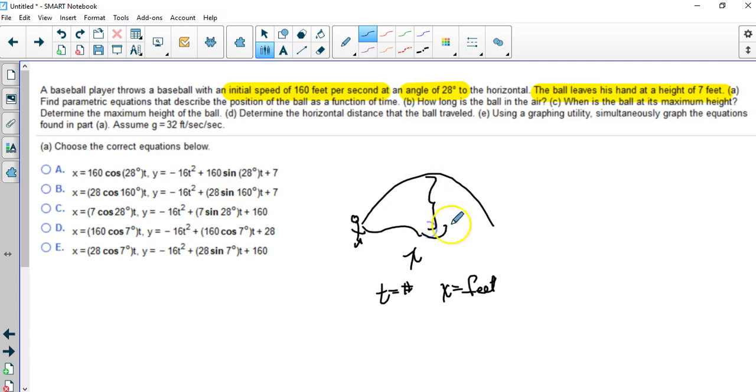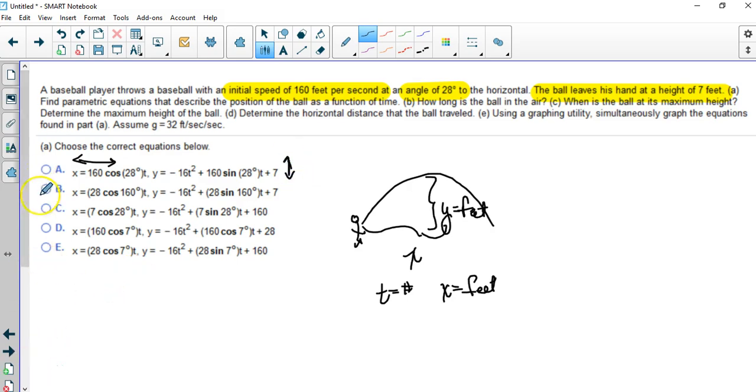And then the y part is going to say, at any time t, whether 1 second, 2 seconds, 3 seconds, how far the ball is above the ground. So x is for horizontal, and y is for vertical.